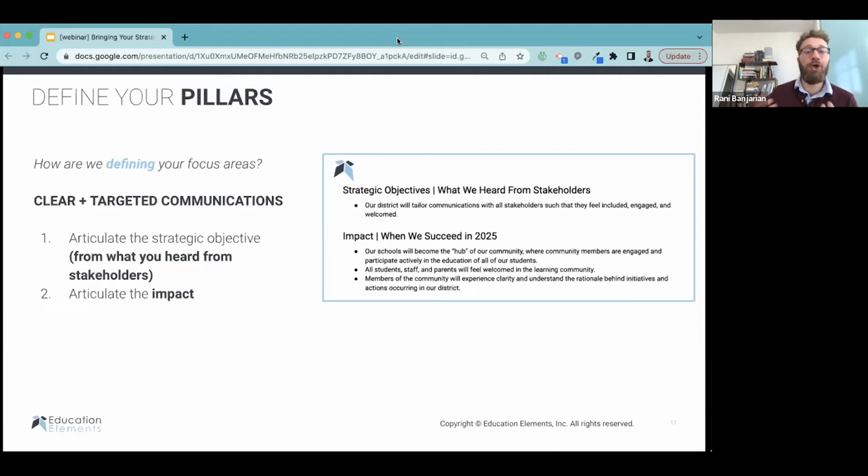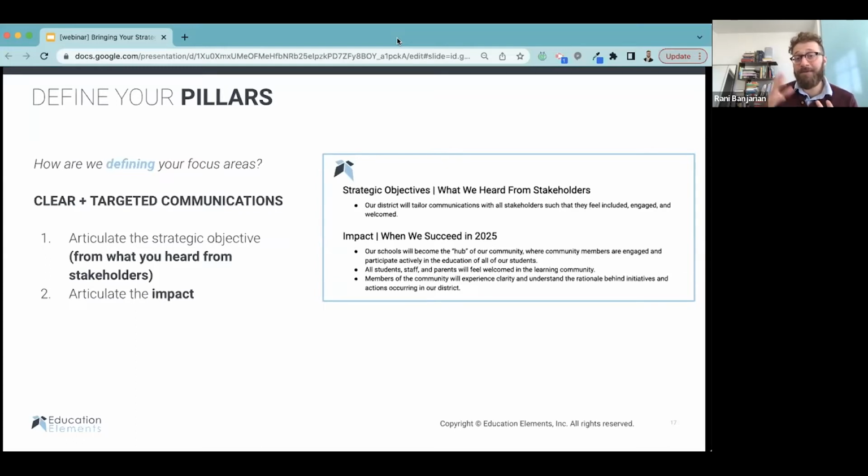Why is it that we heard from the stakeholders and from people in our community that this is something that needs to be diagnosed, that this is a challenge that we've been facing and that we need to begin to find a solution for? So articulate the strategic objective, what you heard from stakeholders, and next articulate the impact.